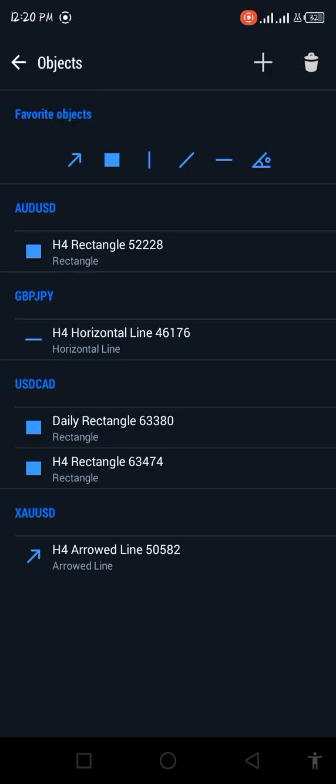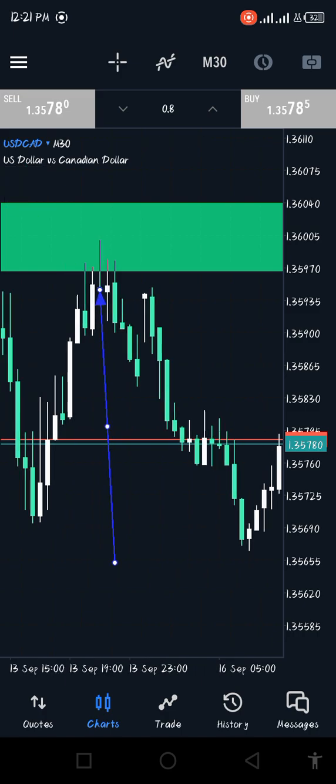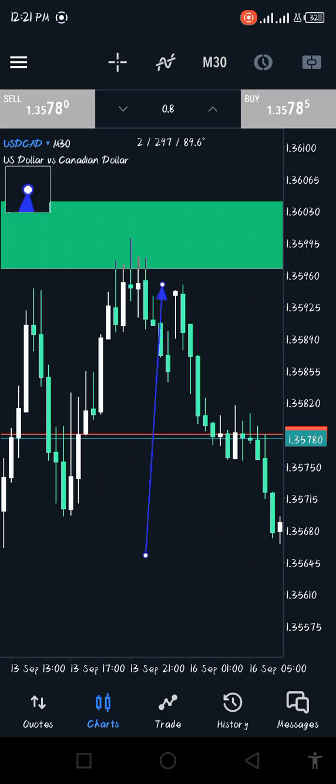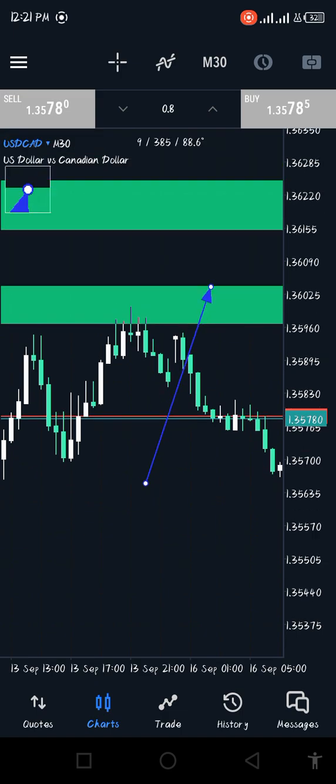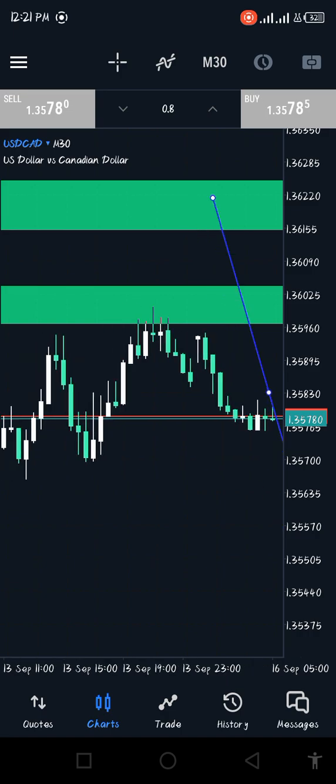That is, if we can have this kind of pin bar in the zone, then we can consider taking selling opportunities from that box or that zone to the downside, guys.